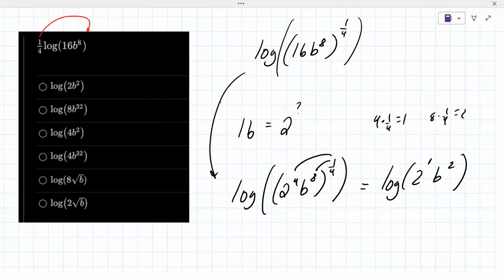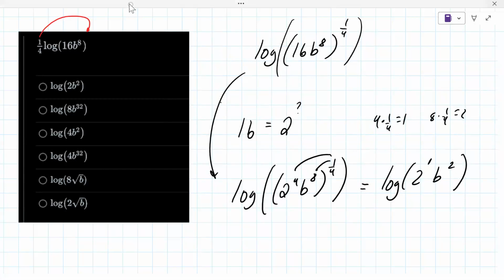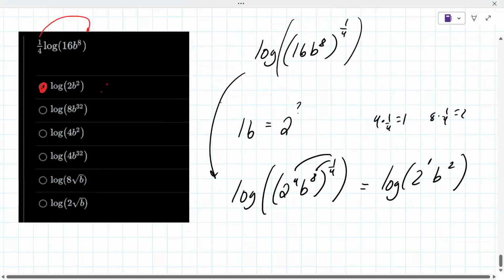Do you see that answer there? The last one. No, I disagree. Yeah, never mind. The first one? Yeah.